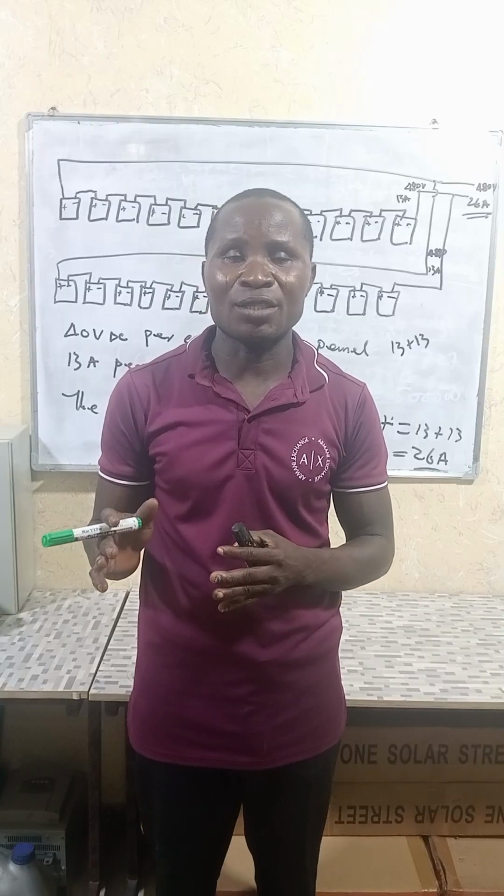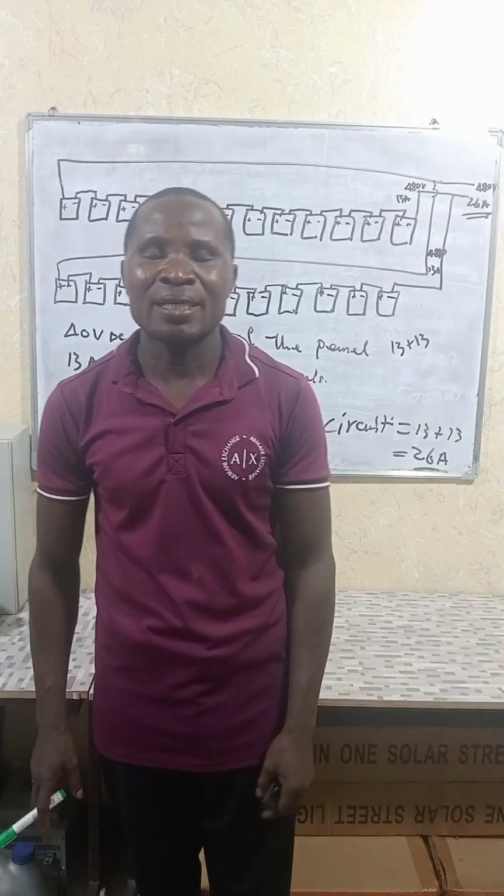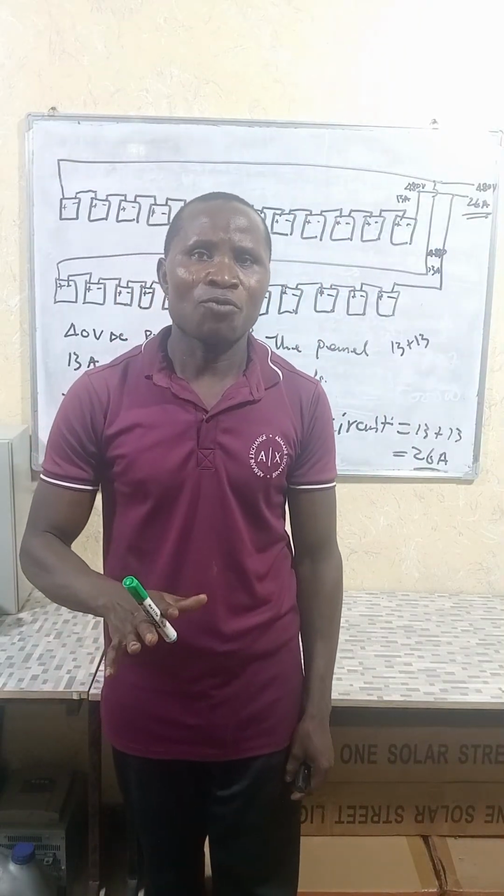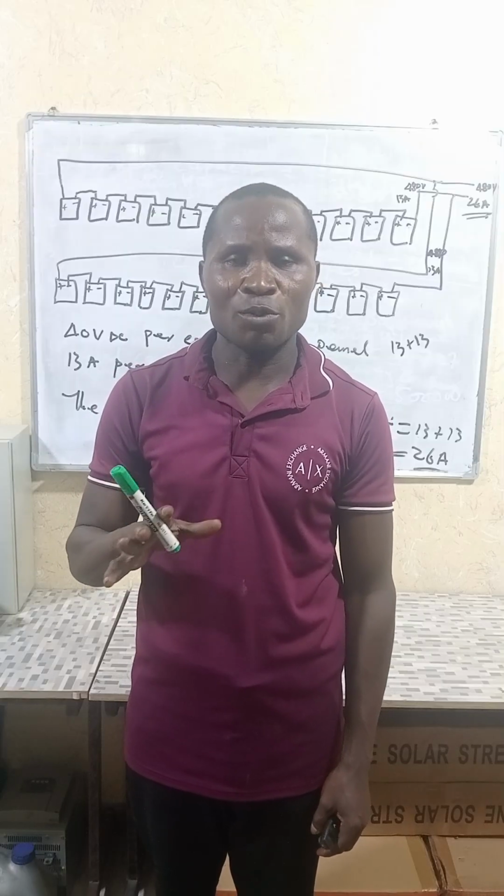You are connecting to a charge controller of 24 volts, it can go as well, depending on your configuration. The current at maximum power is 9 to 11 amps for 12 volts and 5 to 6 amps for 24 volts.